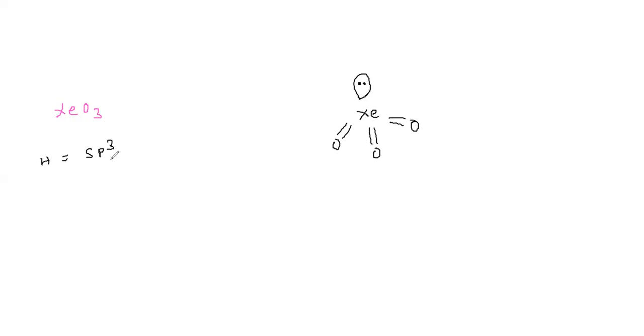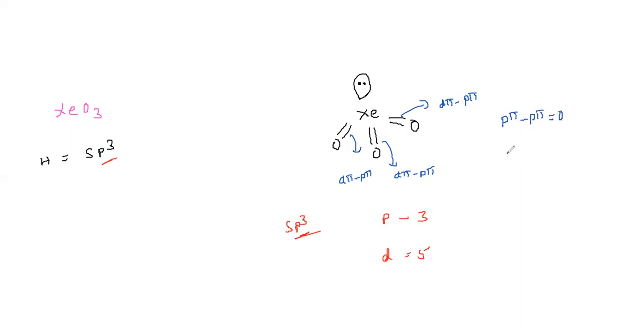In sp3, p orbitals are 3 and d orbitals are 5. The p orbitals are already used, and all the remaining are dπ-pπ bonds. This is a dπ-pπ bond, this is also, and this is also. So pπ bonds are 0 and dπ-pπ bonds are 3.